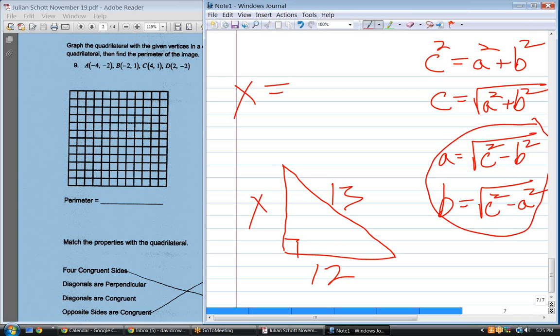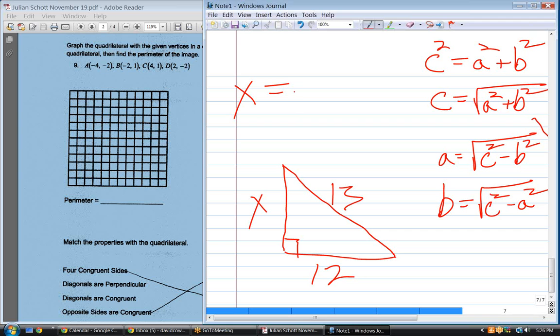Notice that both of these look the same, because in both we're solving for the short side, and it's the square root of the hypotenuse squared minus the other side squared. So this equation is basically the same as that equation. Both of them are used to solve for the short side of a right triangle, and that's what we have here.